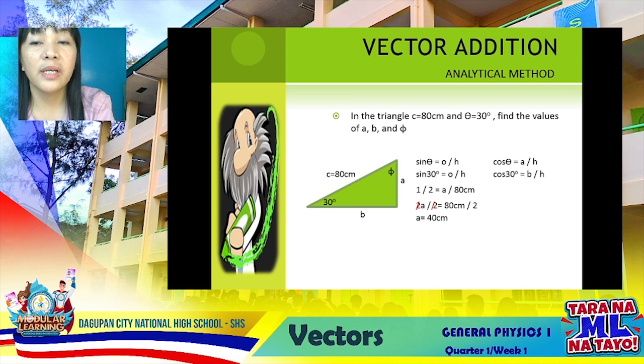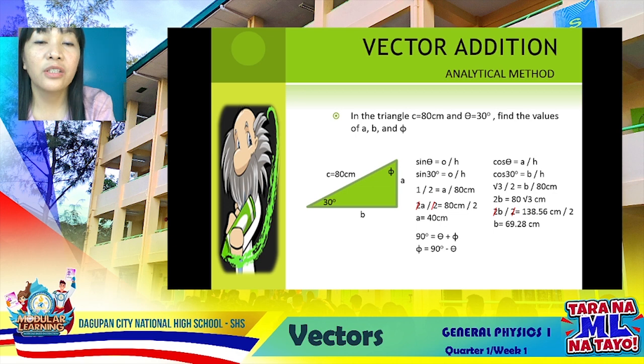B therefore is equal to 69.28 centimeters. Now to find the value of phi, we simply subtract the angle theta from 90 degrees, with theta equal to 30 degrees. So 90 degrees minus 30 degrees, phi therefore is equal to 60 degrees.